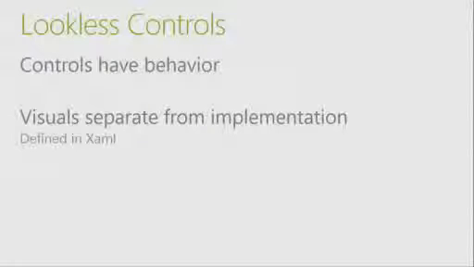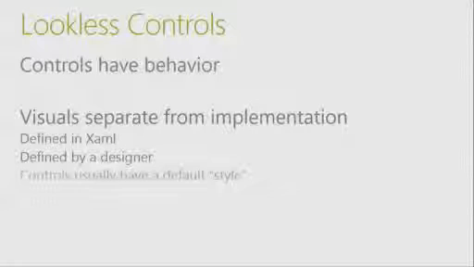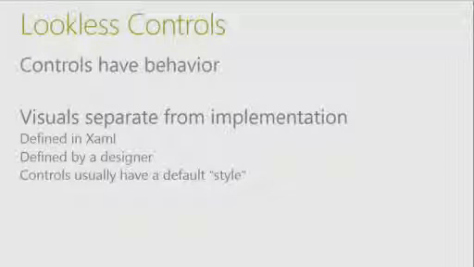This is defined in XAML, typically by a designer in Blend. We implement it using an integrator role, like I'm an integrator, for example. Usually you have a default style, because otherwise when you place a button, you're not going to see anything, which is very confusing. So you want to make at least a very simple style with a template, just to give an indication to your user. And then the user can go and refine it, make it like he wants.